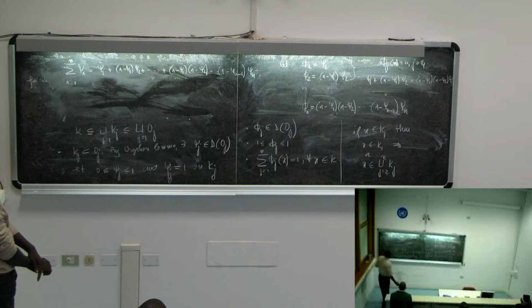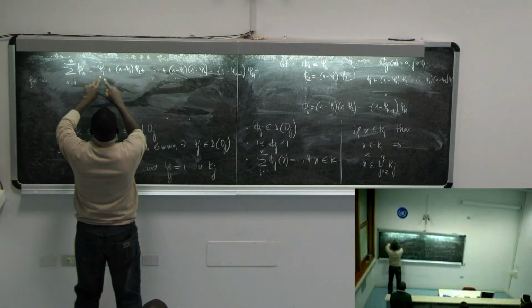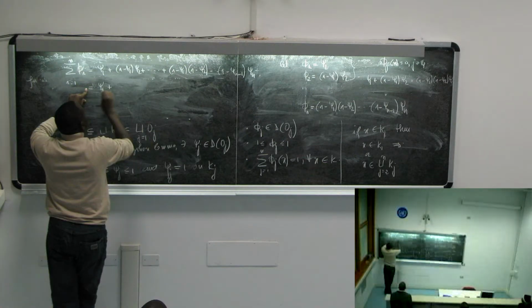And how do we write this term simply? If you see, this is psi 1 for the first term, plus the second term is 1 minus psi 1.